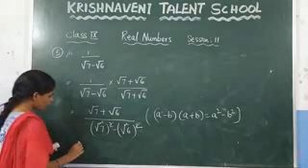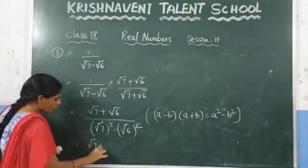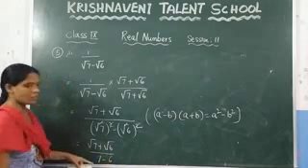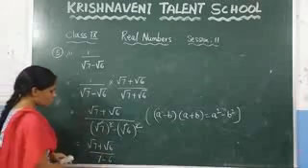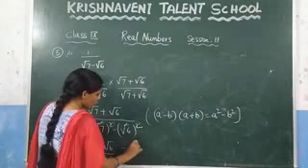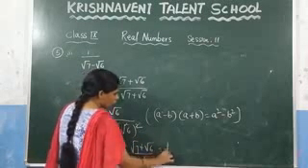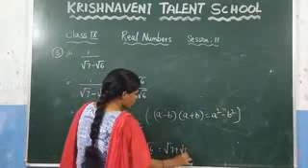Now, what is left out here? Root 7 plus root 6 by 7 minus 6. What is the value of 7 minus 6? Which is nothing but 1. You will get root 7 plus root 6 by 1, which is equal to root 7 plus root 6.